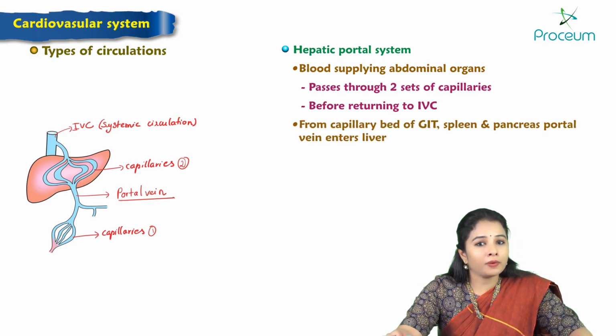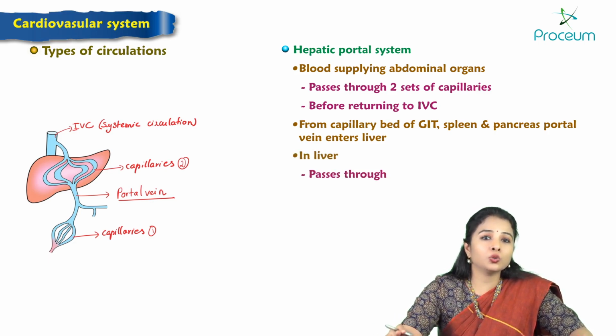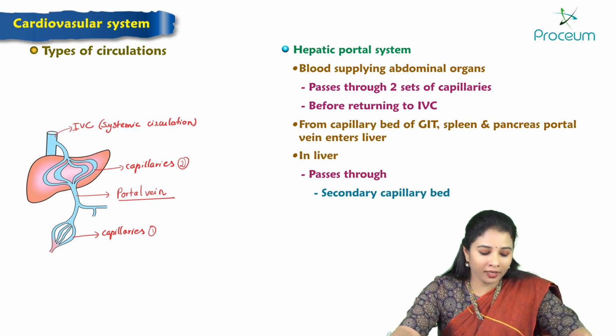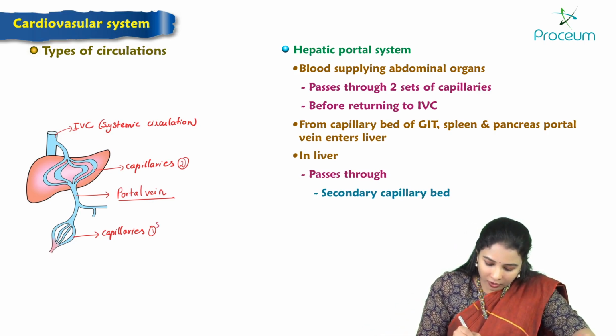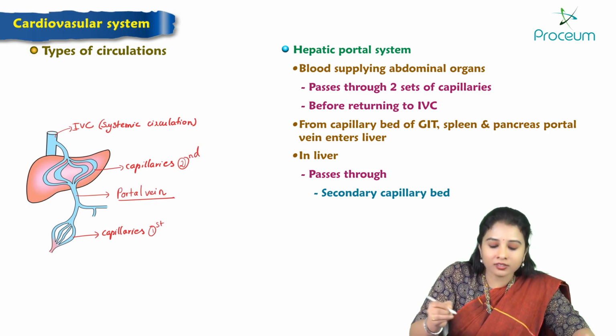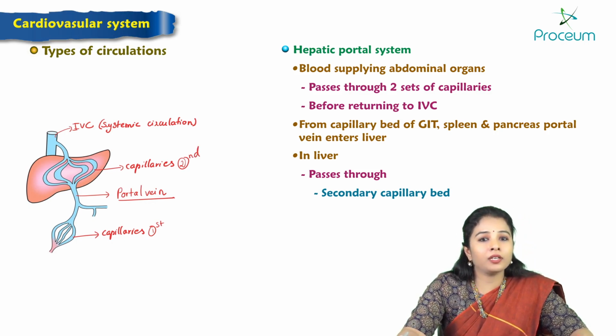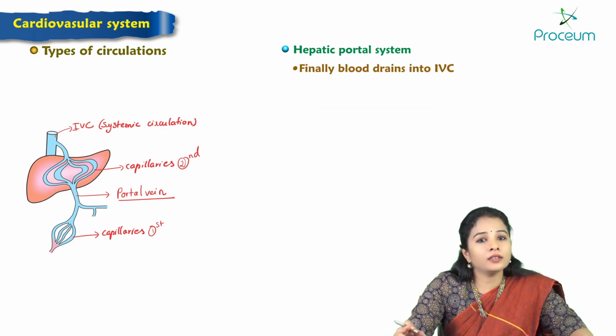From the capillary bed of gastrointestinal tract, spleen and pancreas, the portal vein forms, and this portal vein enters into the liver, and inside the liver it passes through a secondary set of capillary bed. So this is the first set of capillary bed, this is the secondary set of capillary bed which is present inside the liver. Finally, the blood drains into inferior vena cava.